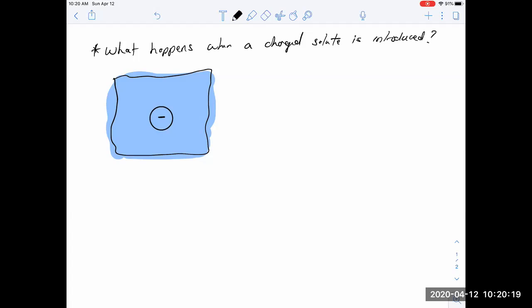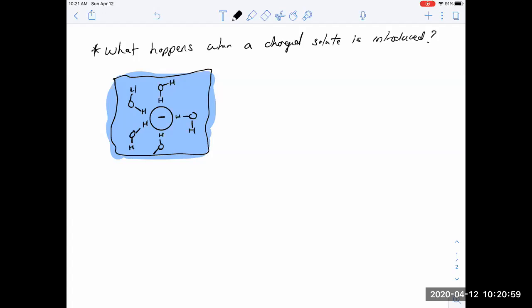If this really was an anion, we would know that the hydrogens of water would like to be close to it because they contain a little bit of a positive charge. So for example, a configuration might look something like this. So what was a uniform distribution of orientations changes when that ion is present. The water molecules reorient themselves.